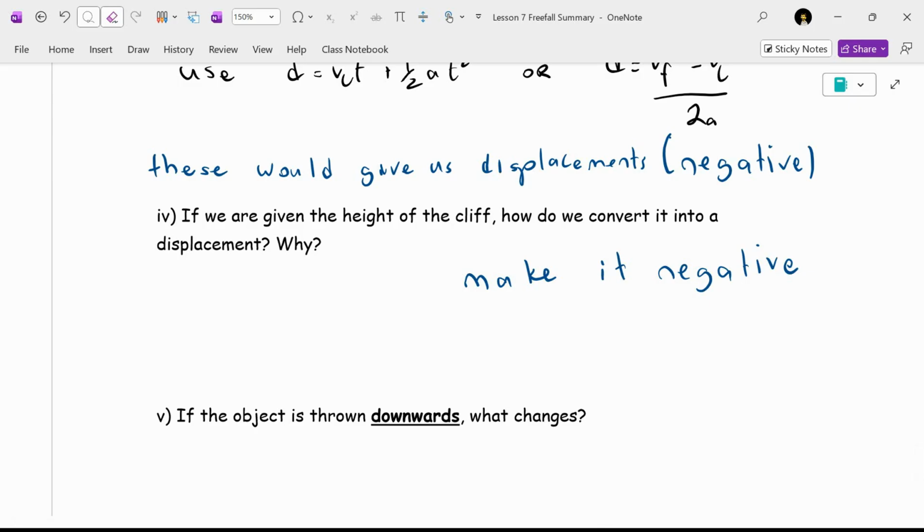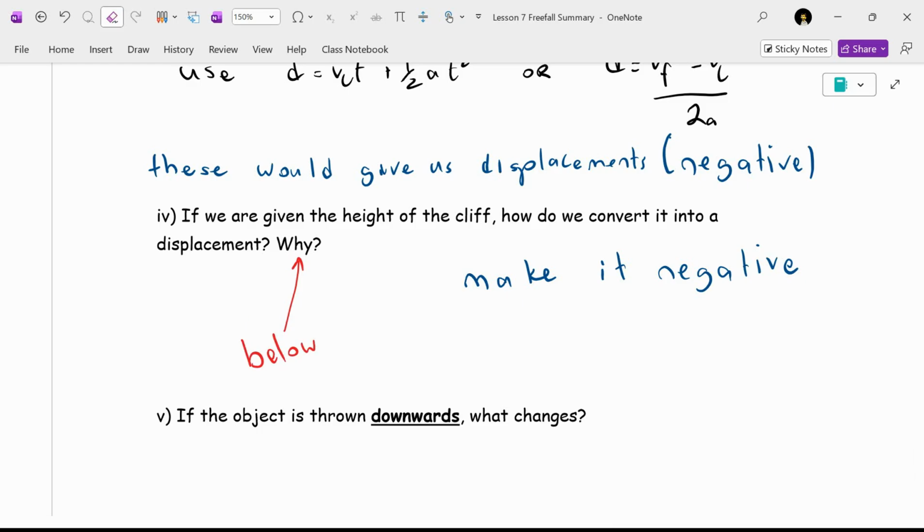Right? And again, why? Looking for a word that starts with the letter B. Okay, we're ending up below. Now, does that mean that D is always negative? No, if you know you're above from where you started, then it's definitely going to be positive.